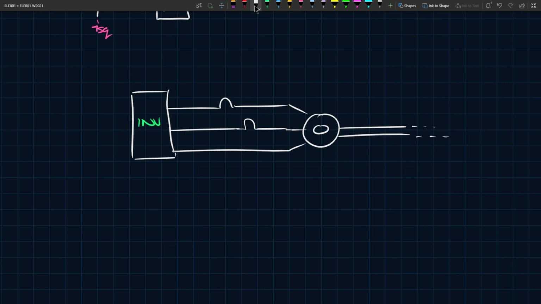On this side of the inverter, you'll have some battery going into some boost converter. Between here and here, you would have a DC link capacitor, and we can say the voltage of this capacitor is VDC.